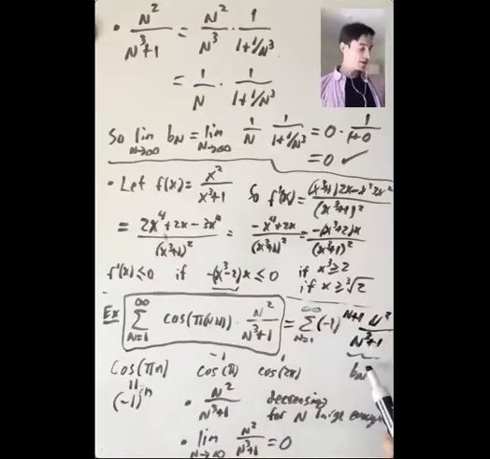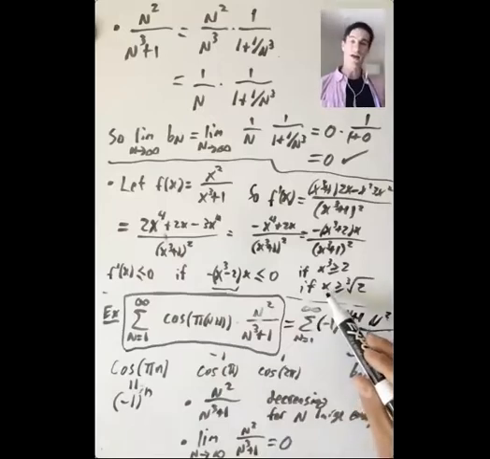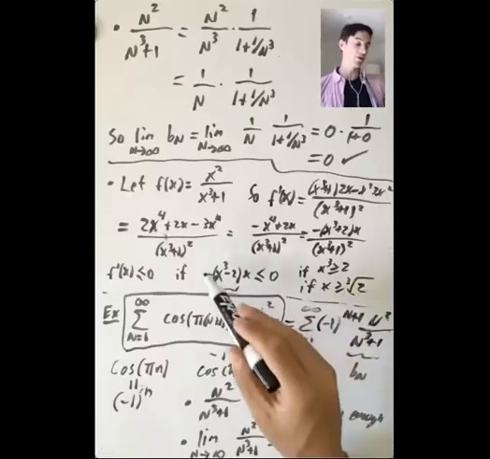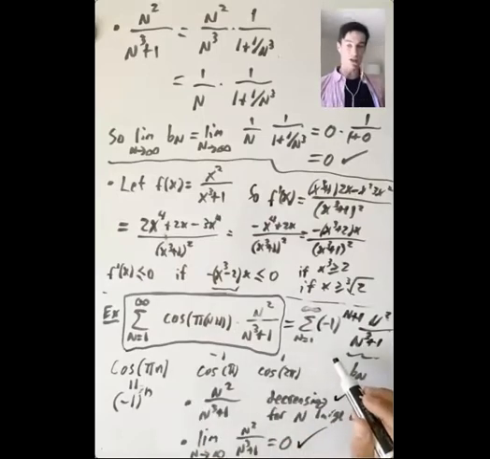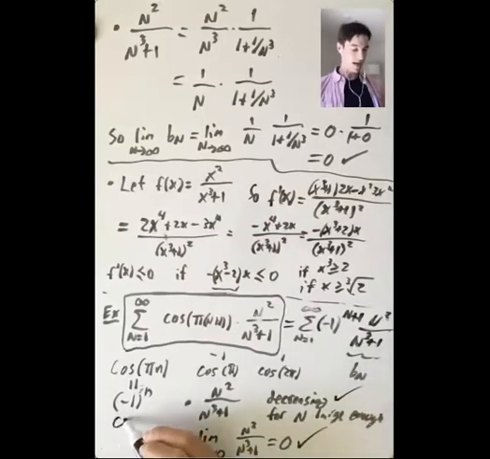And this b_n sequence is decreasing for n large enough. Here, that's going to be for all n that are at least 2, because then from 2 to 3, you're entirely in this interval where this function is decreasing. So it is decreasing for n large enough, and the limit of these b_n's is 0. So this converges by AST.